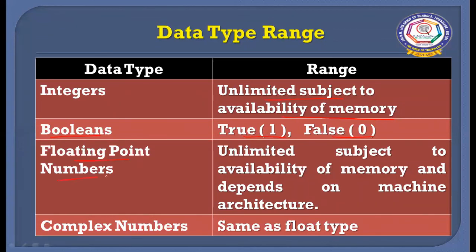Under your floating point numbers, unlimited, subject to the availability of the memory and depending upon the machine architecture, which means how many precisions can be given for your floating point numbers. The same way for your complex numbers also, it depends upon the availability and the machine architecture that the complex value can be provided.